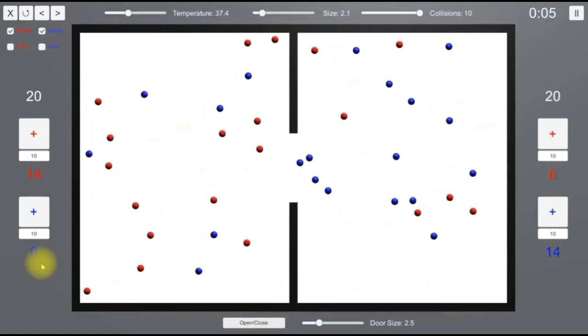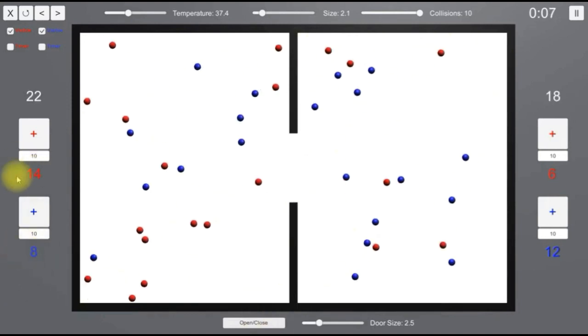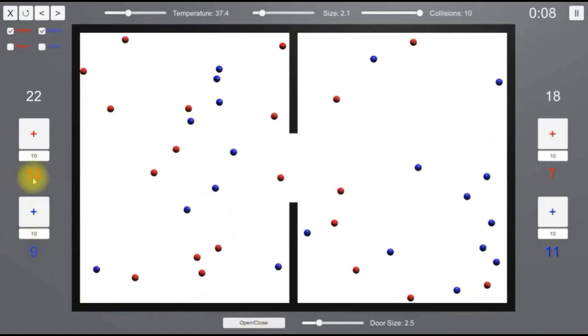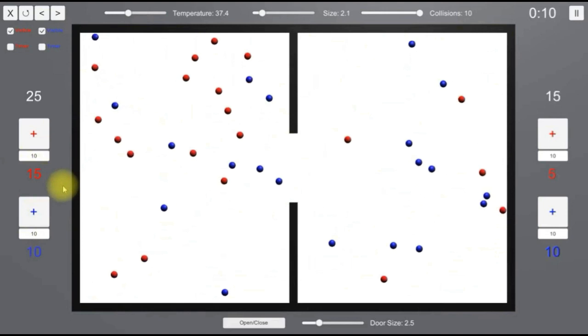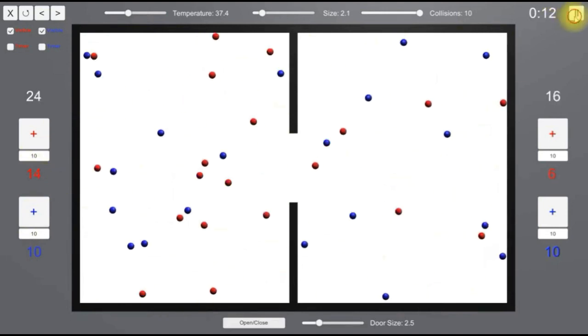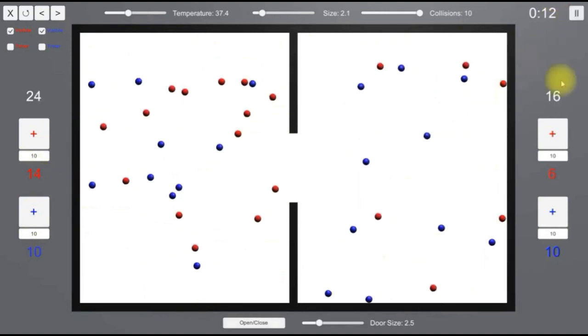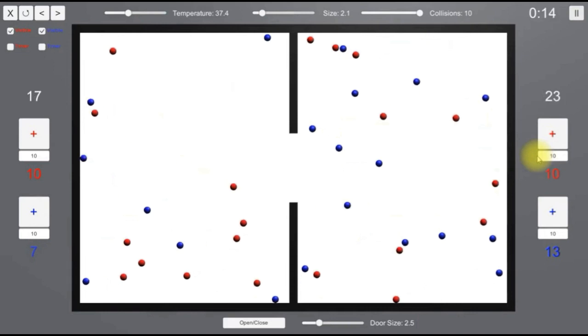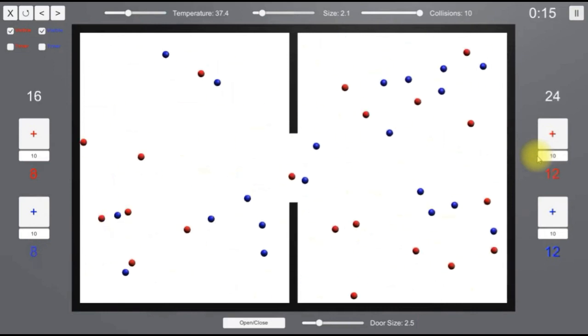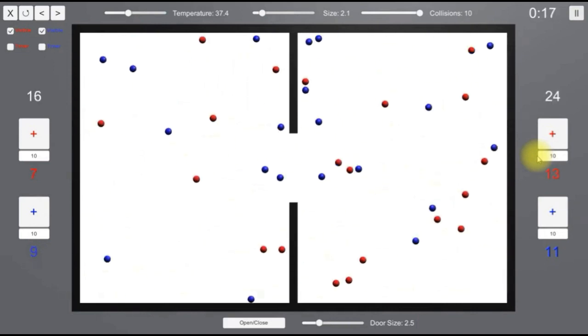Note that the number of blue molecules is going up on the left and the number of red molecules is falling on the left. So the blue molecules, the existence of the blue molecules on the right didn't help keep the red molecules on the left.